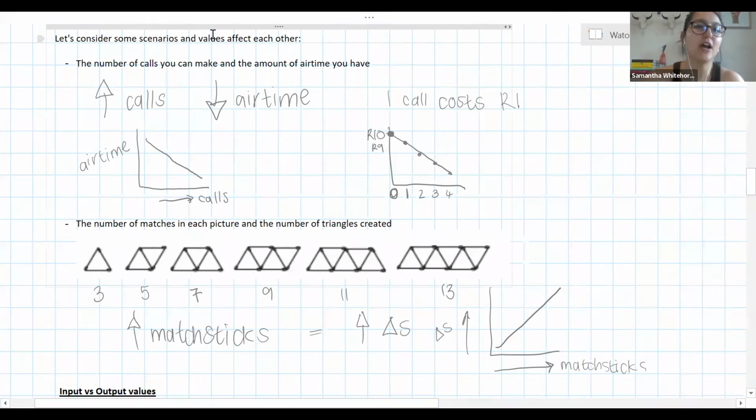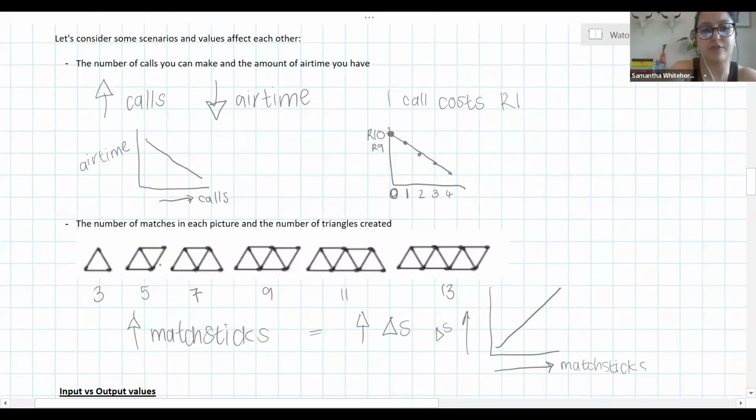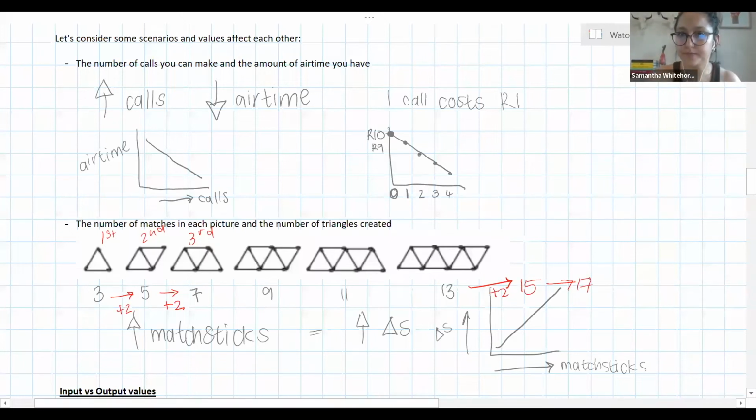That's better. Right. Okay. I can already see some people in the chat saying this, but what I can see is that as I move from my first image to my second image to my third image, etc., I can see that each time I'm adding an extra 2 matchsticks. So when I want to figure out how many matchsticks I'm going to have in the next term, I just keep adding 2, and that will get me to my next term as I go along.